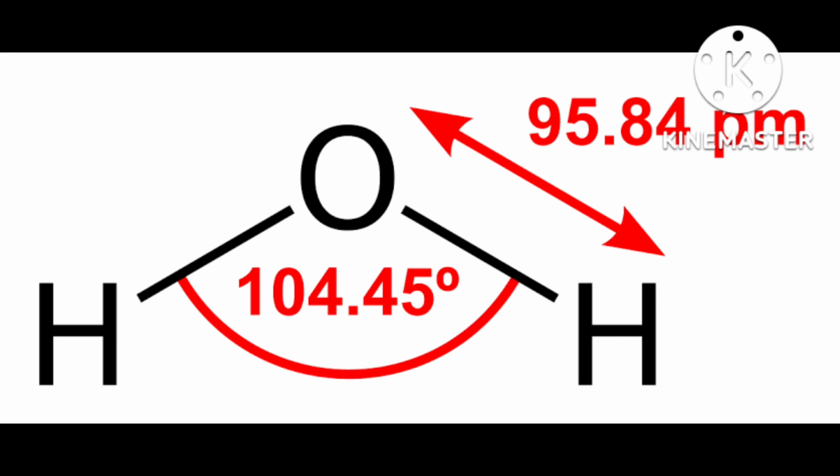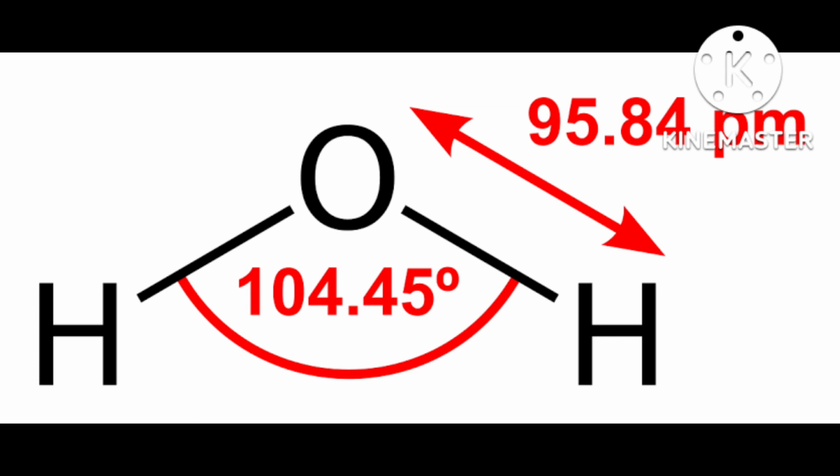Suppose the angle is 60 degrees, then you can understand what type of molecule will be there. If the angle is 180 degrees, then it will be a straight line, that is called linear. So the angle will decide the shape of the molecule. That's why it is important.